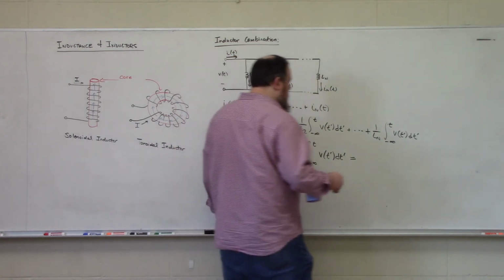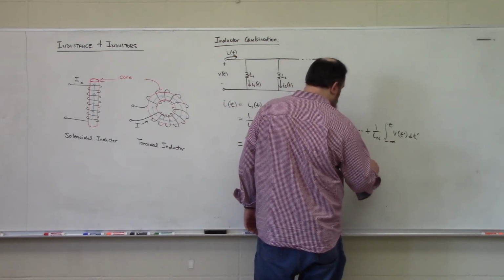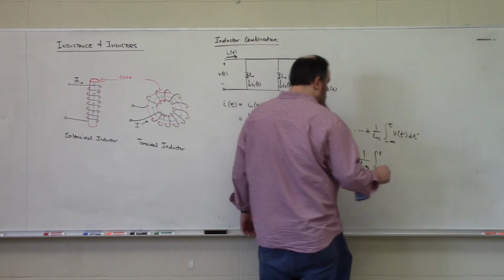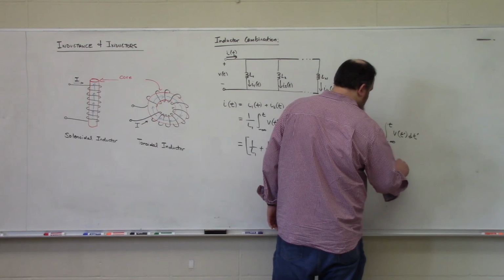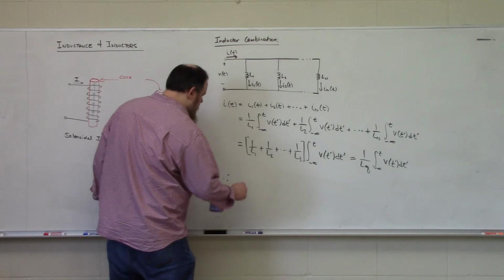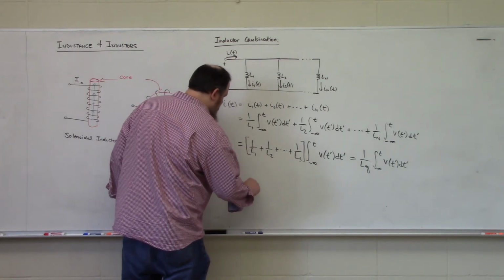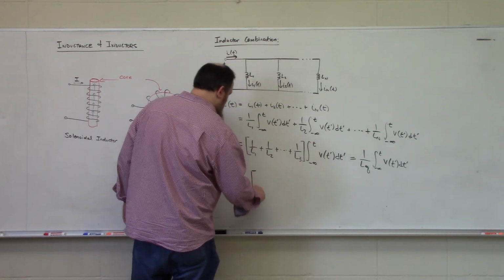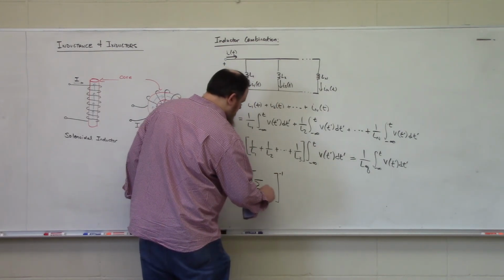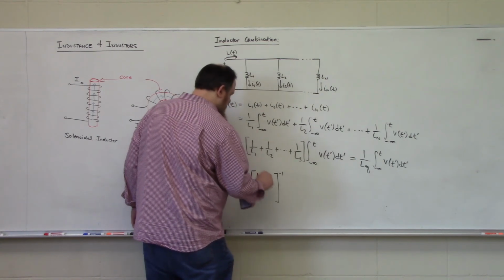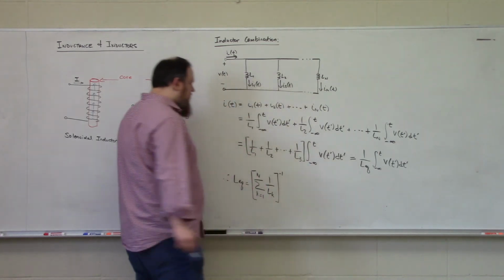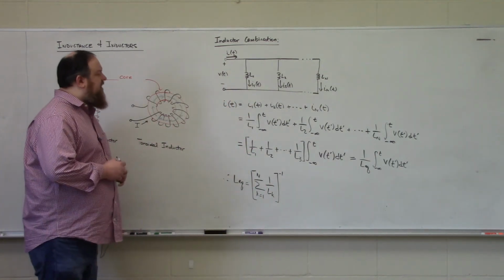the network looks like we have an equivalent inductance 1 over LEQ multiplied by the integral of V of t prime dt prime, where our equivalent inductance LEQ is the inverse of the sum from k is equal to 1 to n of the reciprocals of our inductors that are connected in parallel.